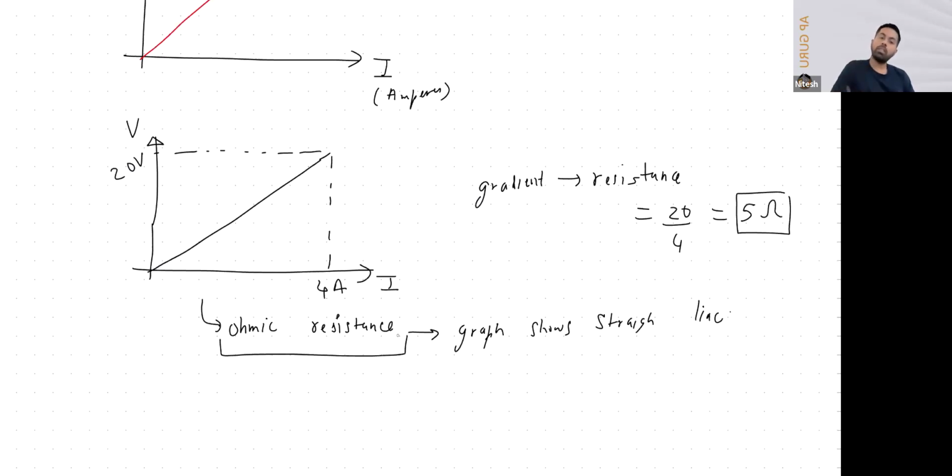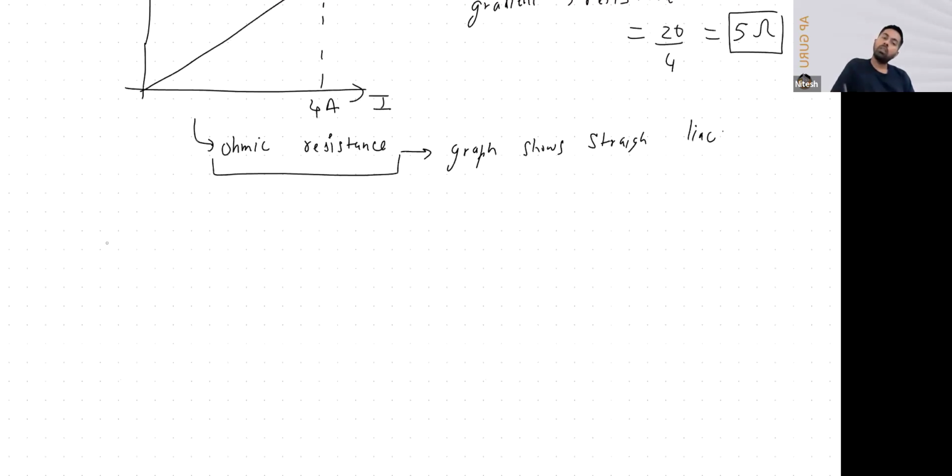On the other side, we have another category that's called the non-ohmic resistance, which does not follow the straight line, which doesn't follow Ohm's law.